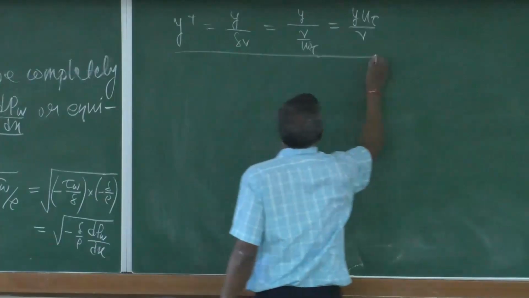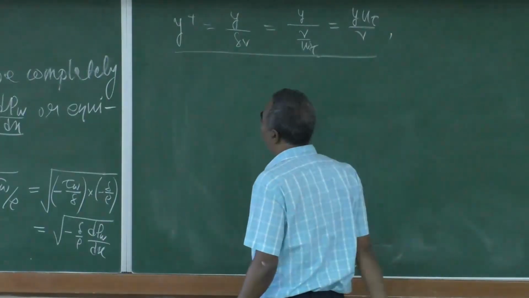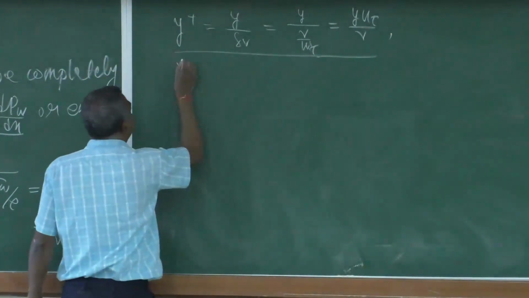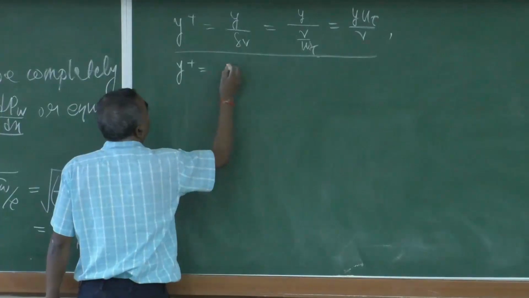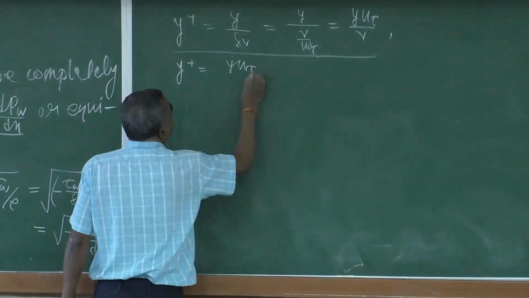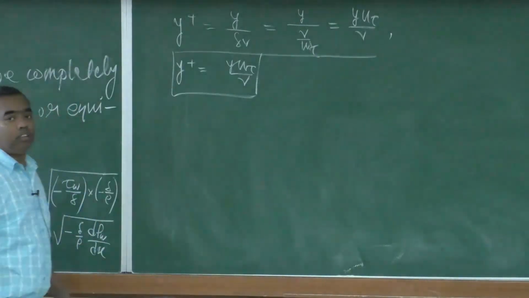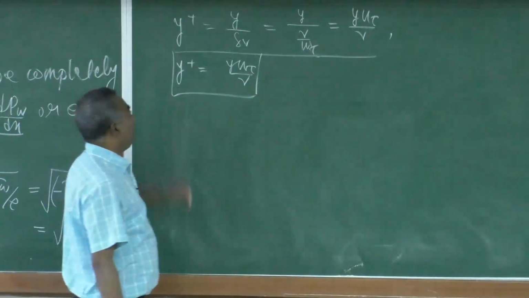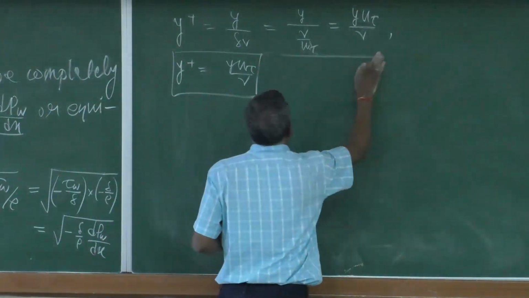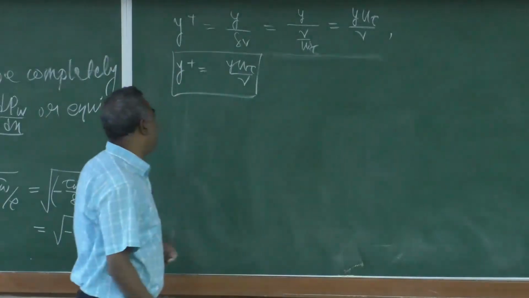So, keep it in mind all the time: y plus is equal to y u tau by nu. This is one important non dimensional quantity.